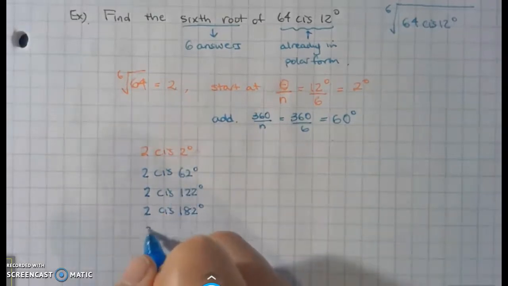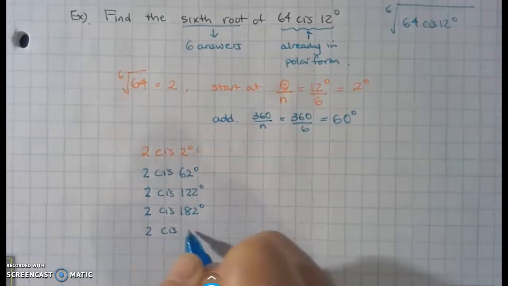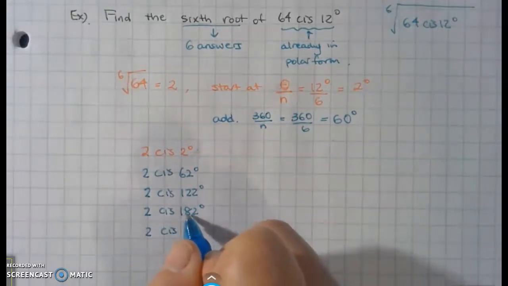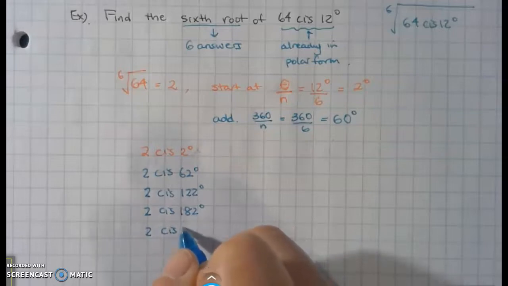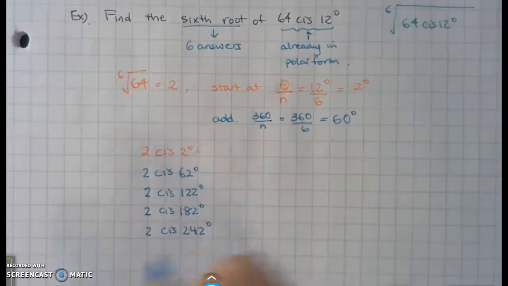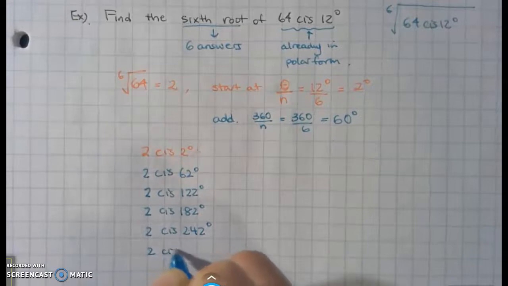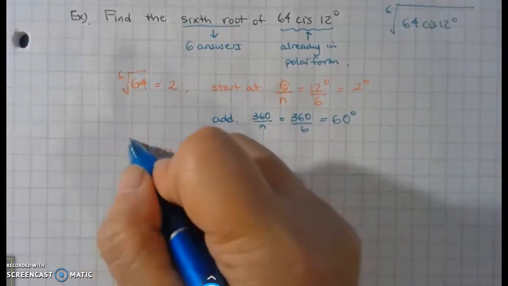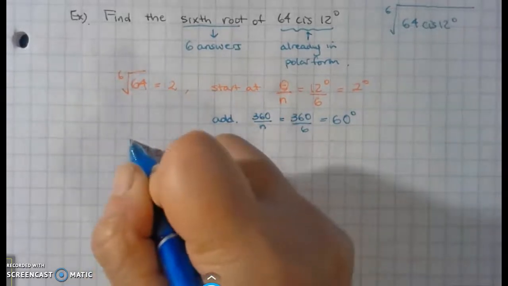Remember, we should be getting 6 solutions because we're taking the 6th root. So 182 plus 60 is 242, and then finally 2 cis 302 degrees.